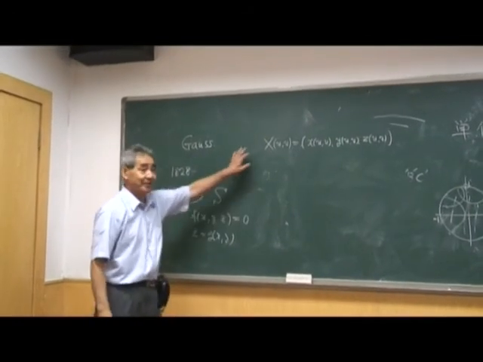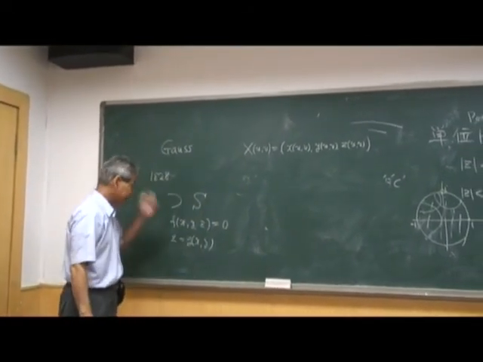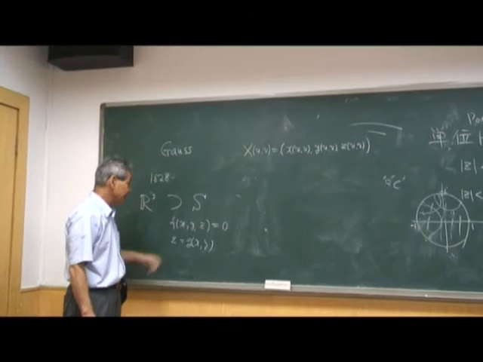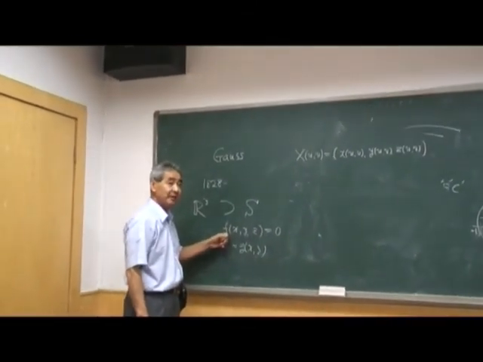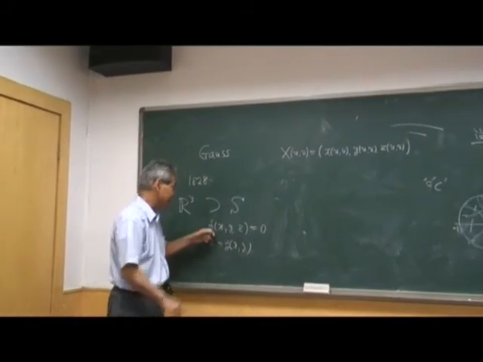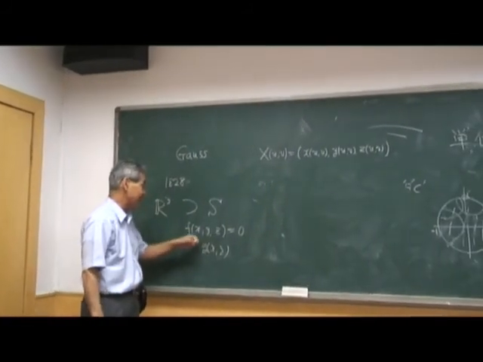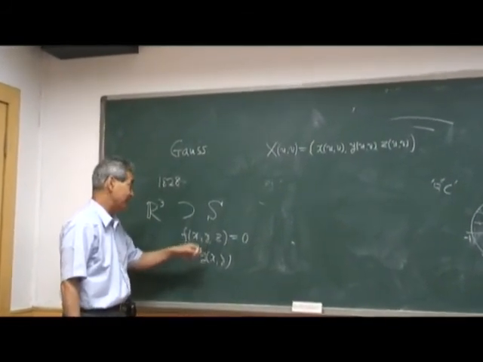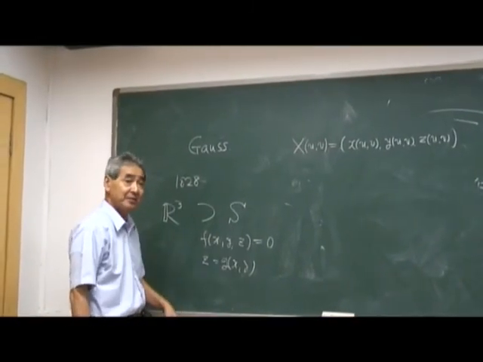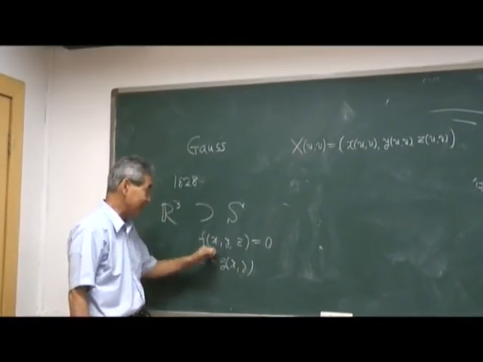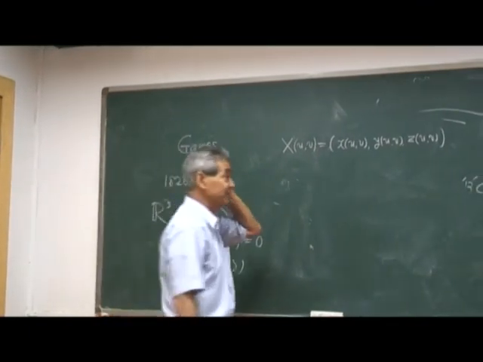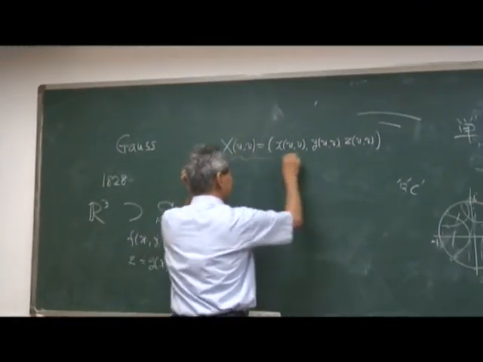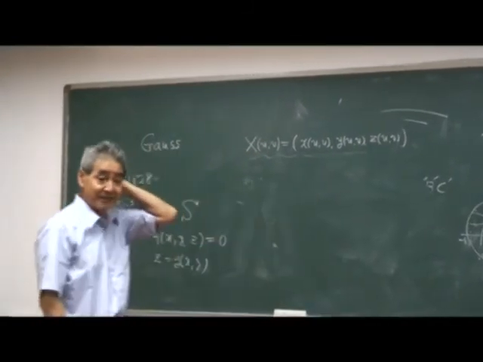And in this case, you're using the implicit function theorem. You can write, in a good place, for example, z as a function of x and y, or y as a function of x and z, and so on. So the most general way of writing the surface is in this way.